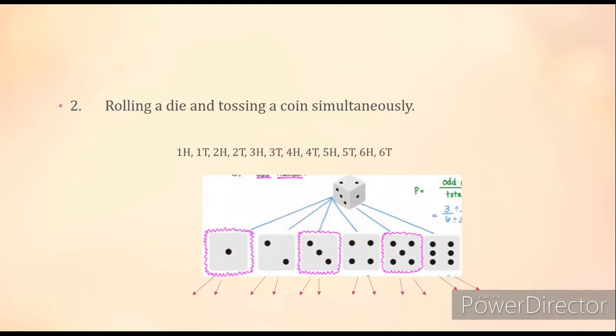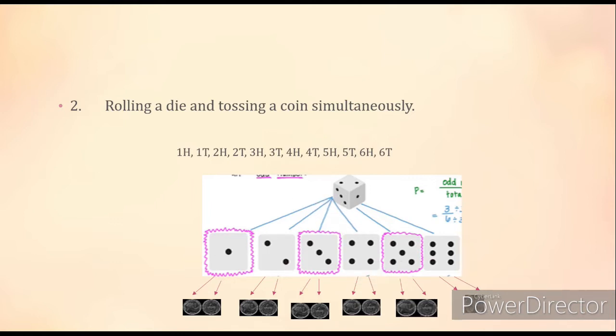So we have one head, one tail, two head, two tail, three head, three tail, four head, four tail, five head, five tail, six head, and six tail. Those are the sample space when we roll a die and toss a coin simultaneously.